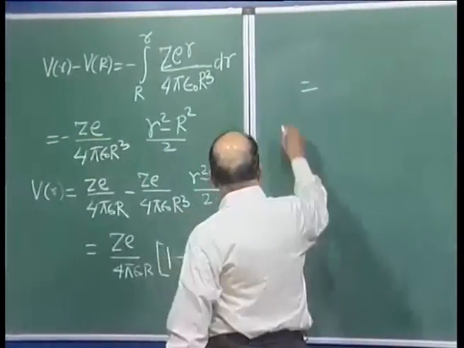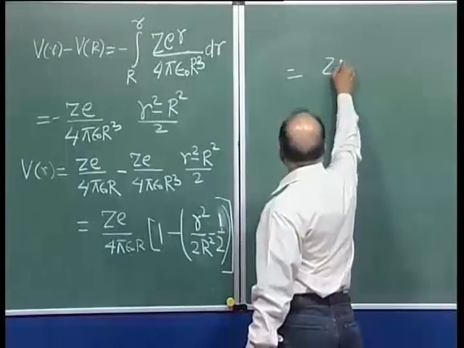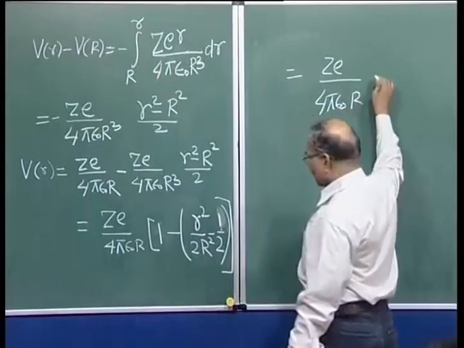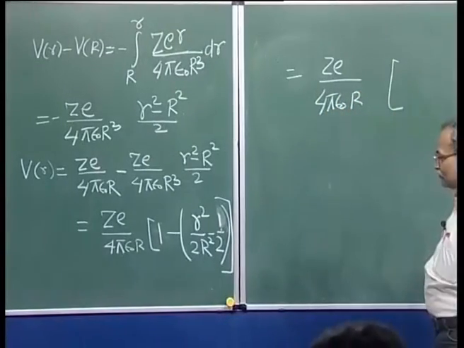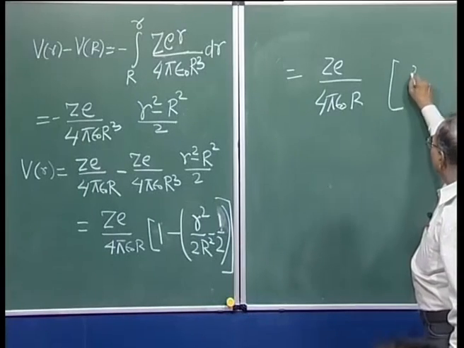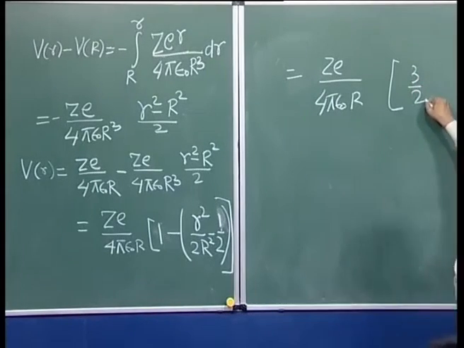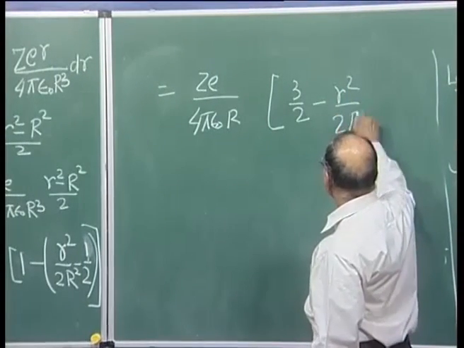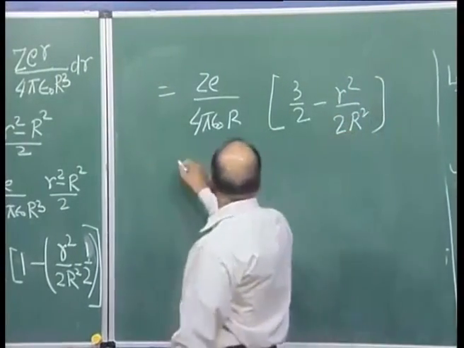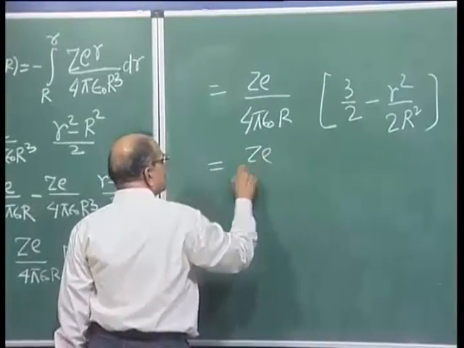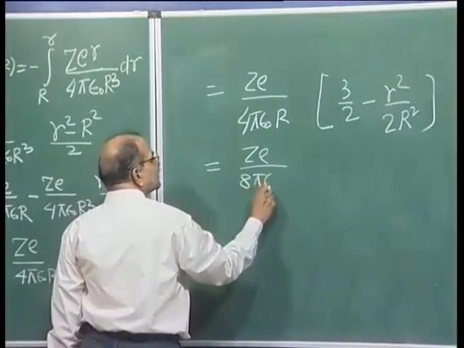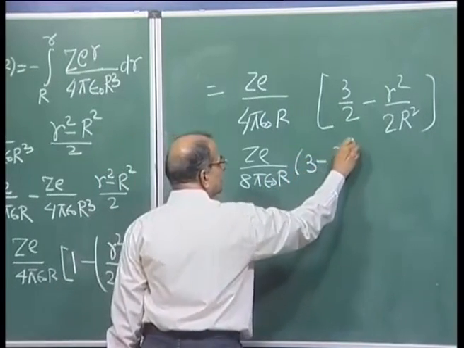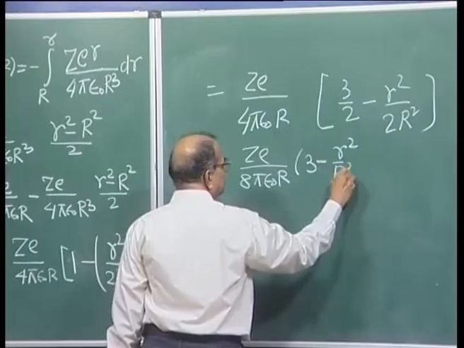All right. So, this is equal to Z E by 4 pi epsilon naught r, capital R, and then 3 by 2 minus r square by 2 R square. So, you can write this as Z E over 8 pi epsilon naught capital R, and 3 minus r square by capital R square.